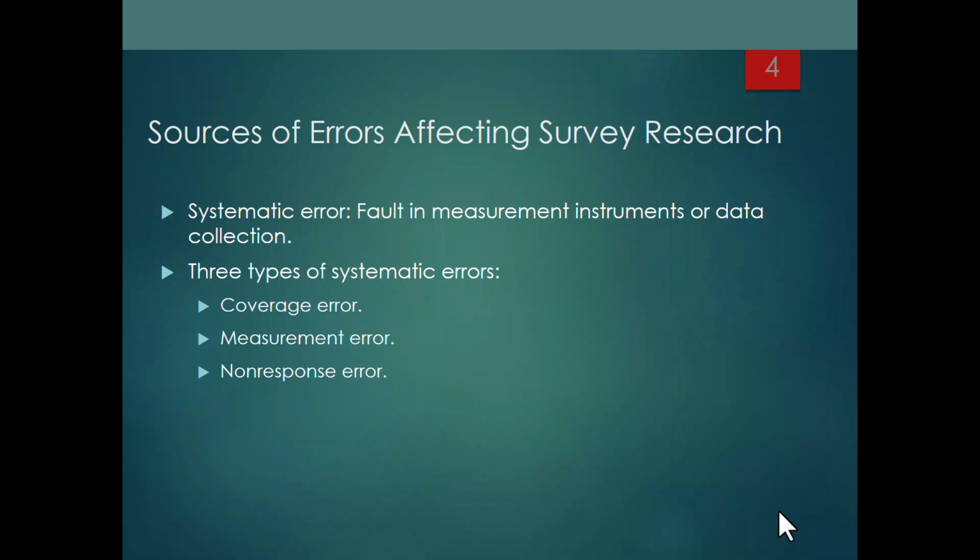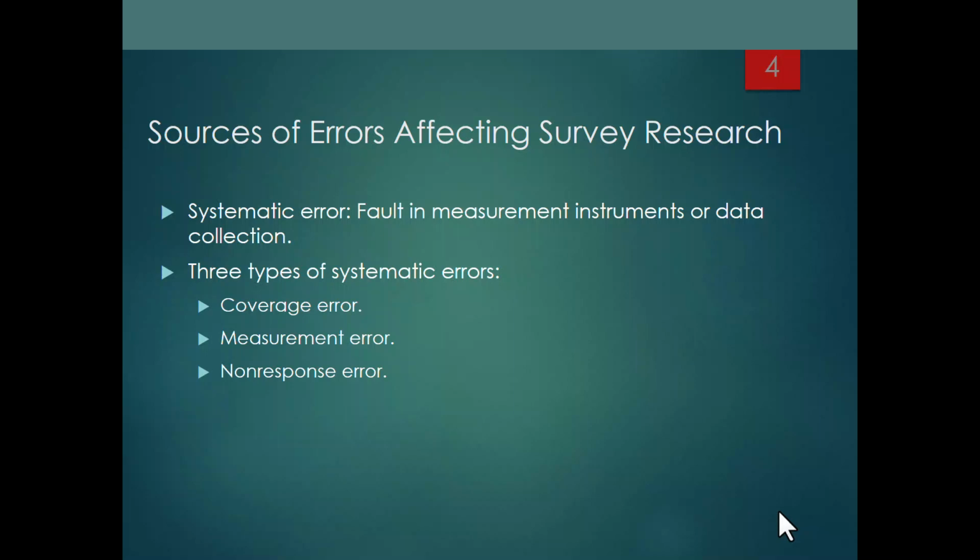Coverage error occurs when the researcher does not have the complete list of names in a sampling frame. It leads to differences between the sampling frame and the population. It leads to a non-representative sample and a biased result. This can be reduced by having a complete list of individuals in the sampling frame.